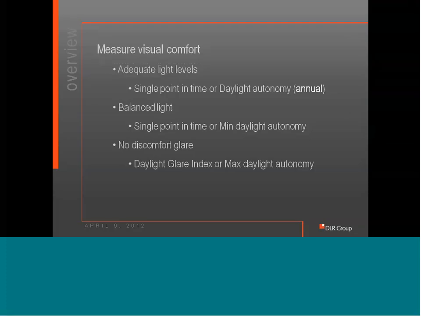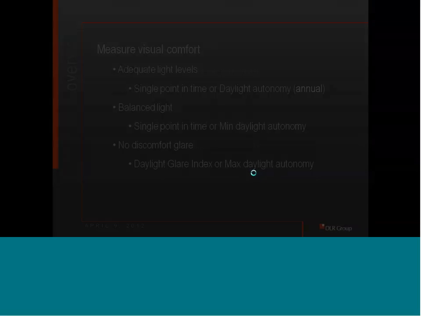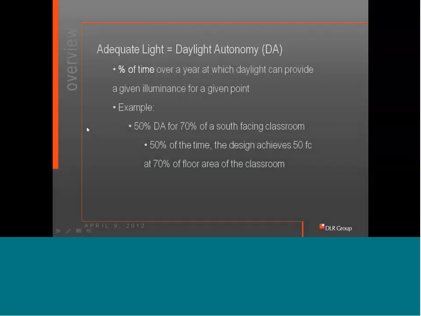So how do we measure visual comfort? For adequate light levels, we'll start with daylighting autonomy, and then for balanced light and discomfort light, we'll use minimum daylighting autonomy and maximum daylight autonomy. Daylight autonomy, again, just a quick refresher, is the percent of time over a year at which daylight can provide a given illuminance for a given point.